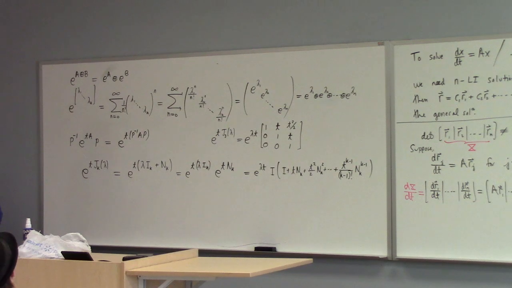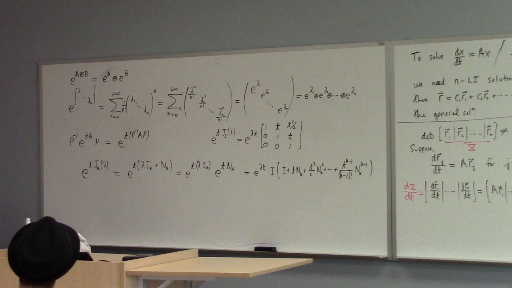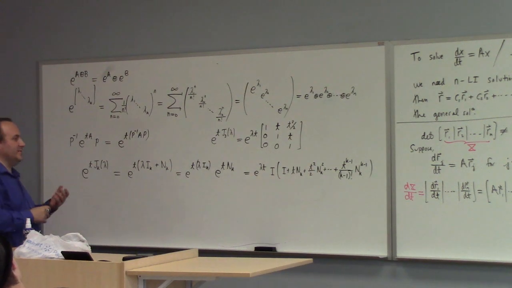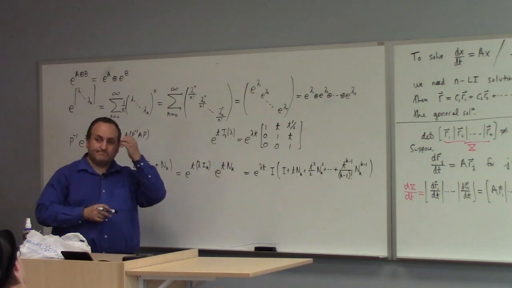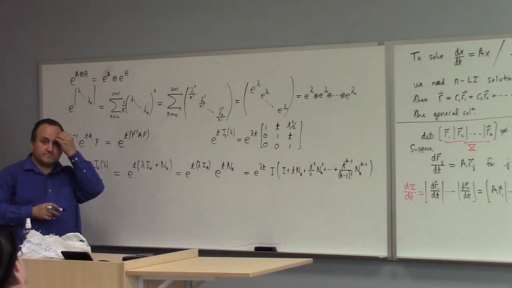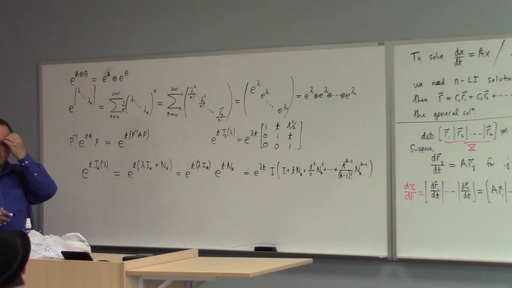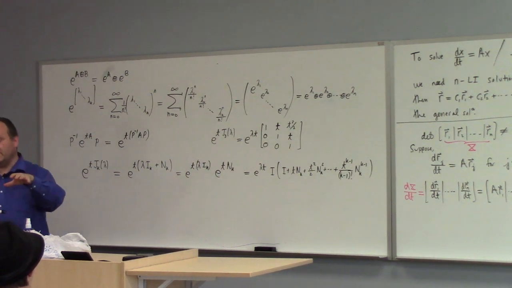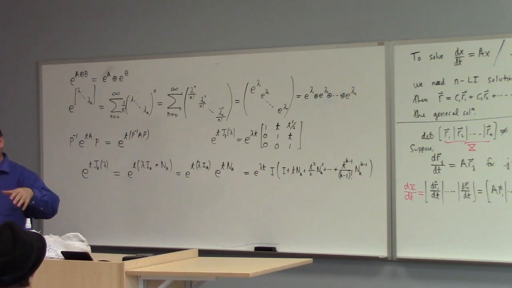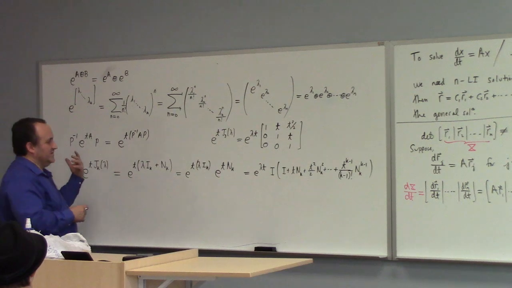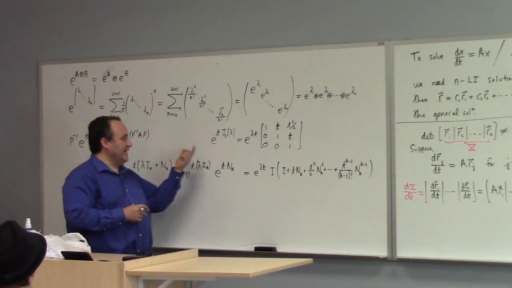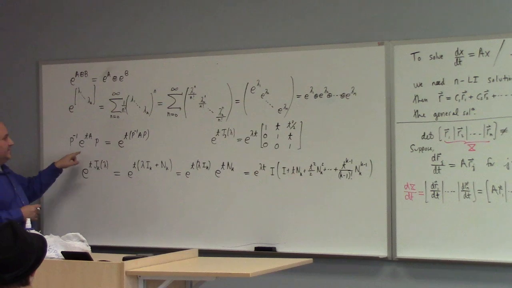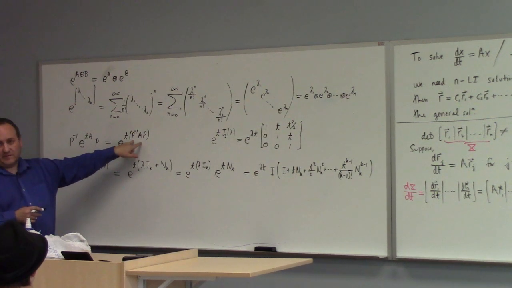And then you're like, but wait a minute, what if it's the real Jordan block? Oh, I'm glad you asked. Then we'd get a complex matrix, right? So what happens if lambda is complex? If lambda is complex, first of all, take your original differential equation, complexify it, and you can find the solution matrix by looking at the Jordan blocks of the complexification.